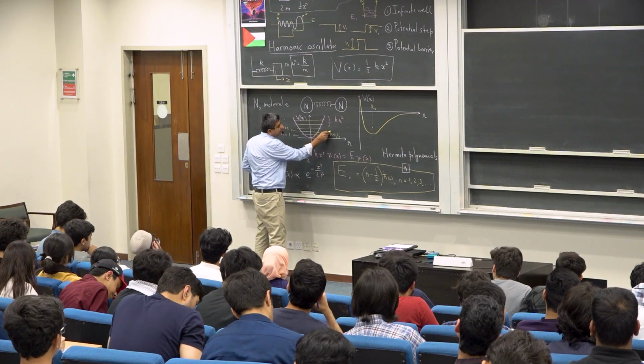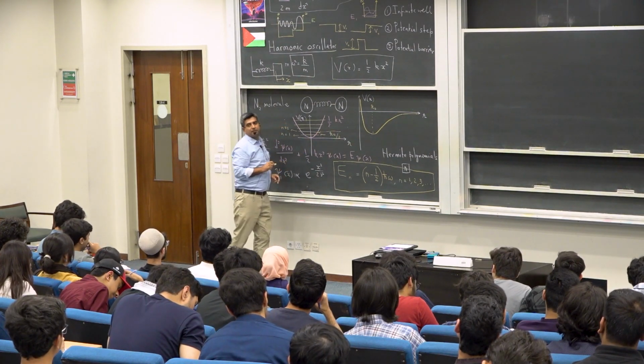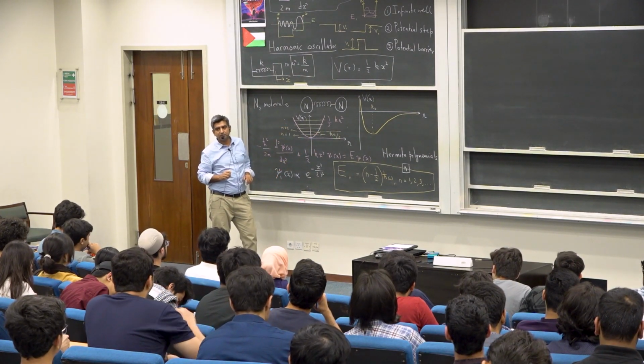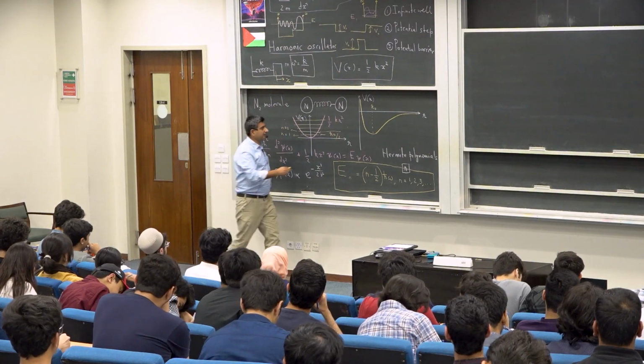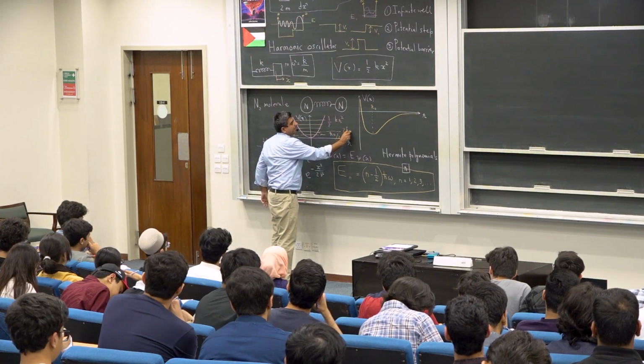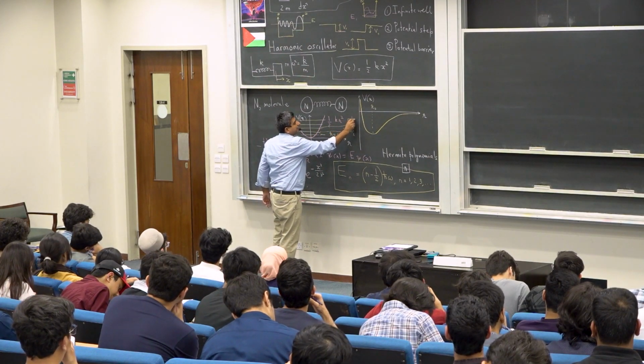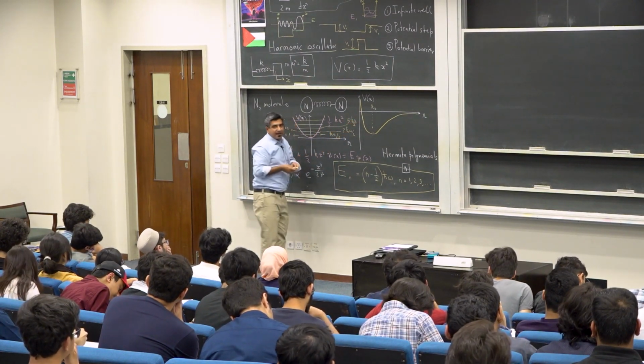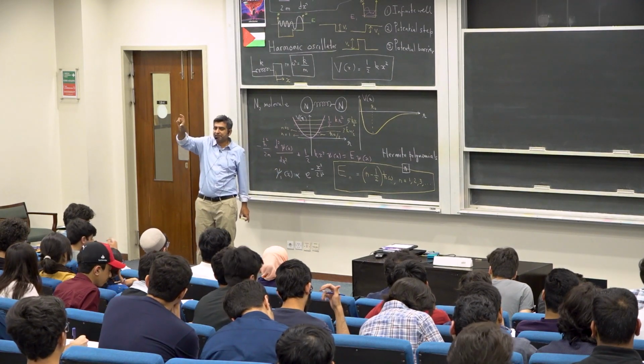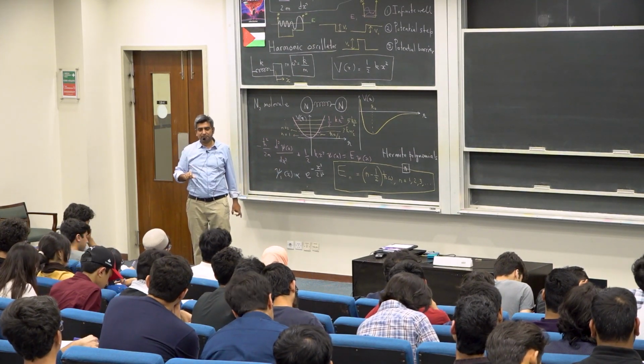The next energy level would be 3 times h bar omega over 2. The next one would be 5 h bar omega over 2. And the gap between two successive levels is always h bar omega.